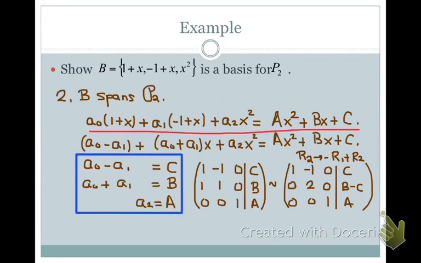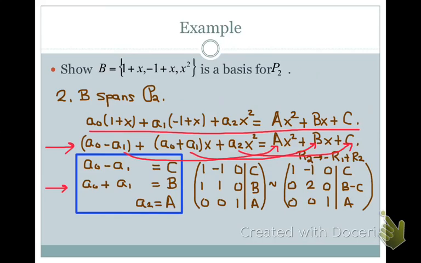So here I've again grouped the like terms, and then for these polynomials to be equivalent, the constant term must be equivalent to A, the x term must be equivalent to the coefficient B, and the x squared term must be equivalent to C. So you end up with the linear system that you see here.